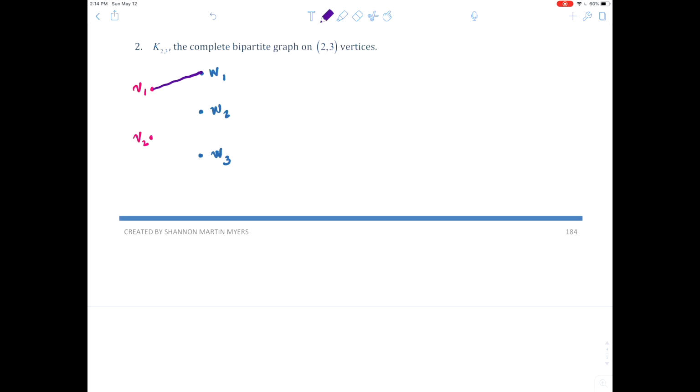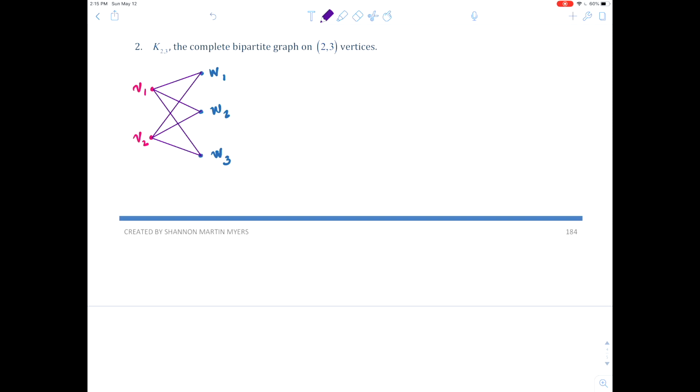We'll have an edge shared between V1 and W1, V1 and W2, V1 and W3. And we'll also have edges shared between V2 and W1, V2 and W2, and V2 and W3. So that's what the picture looks like for the graph, in case you needed it as reference.